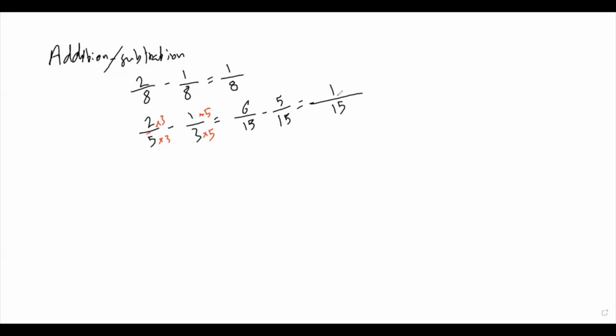Now there is another way you can solve these types of fractions. So whichever suits you, you can practice that method. Let me give you another example, like 2 over 3 plus 1 over 4.